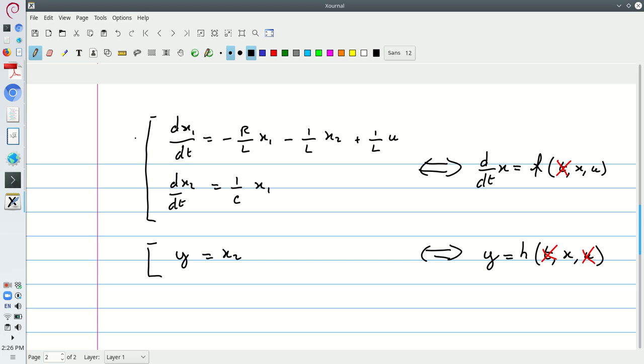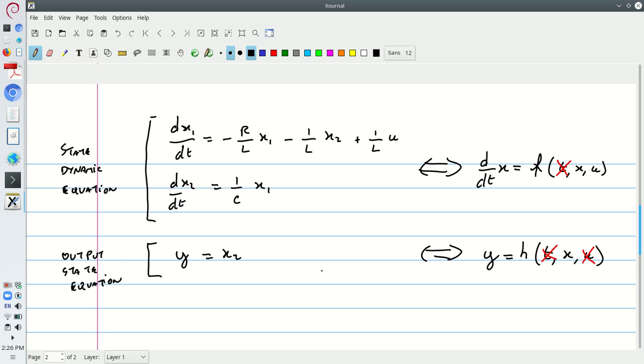The first equation in the state space representation is called the state dynamic equation. And this is the output equation.